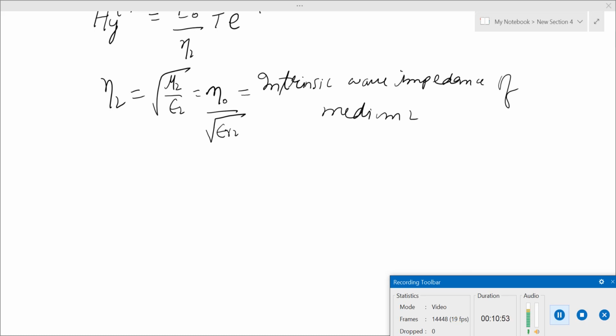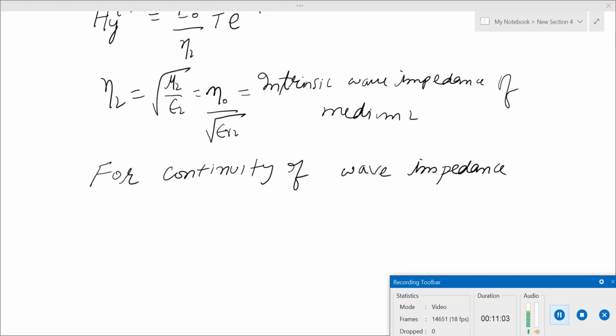Now for the continuity of wave impedance at the boundary, we need that the wave impedance remains the same. The wave impedance is the same as it is for medium 1 and as it is for medium 2.